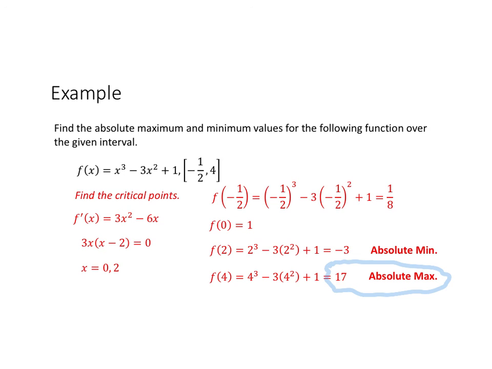The absolute minimum is going to be the smallest of these numbers, so -3 is the absolute minimum. So the absolute maximum occurs at x equals 4, and the absolute minimum occurs at x equals 2.